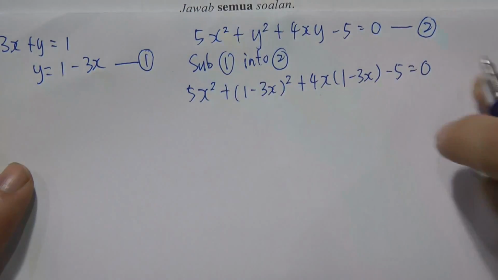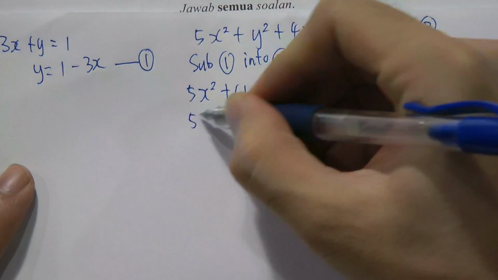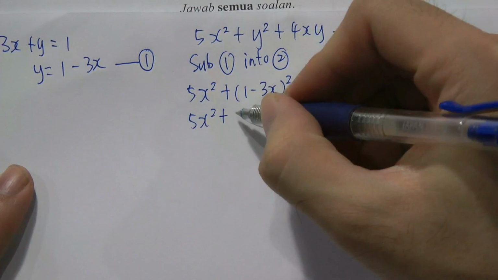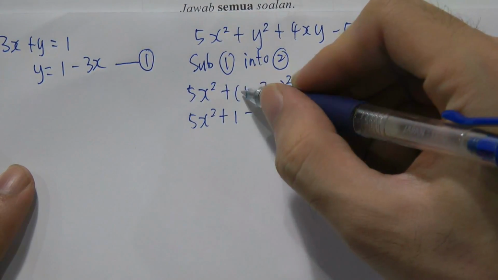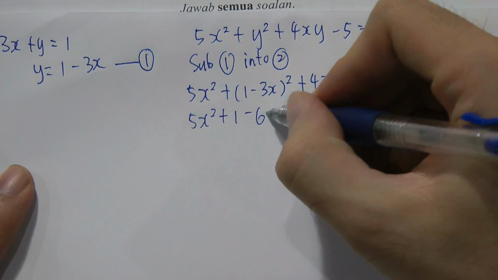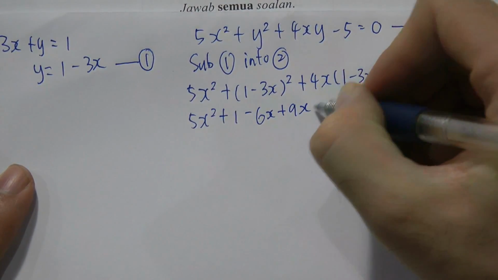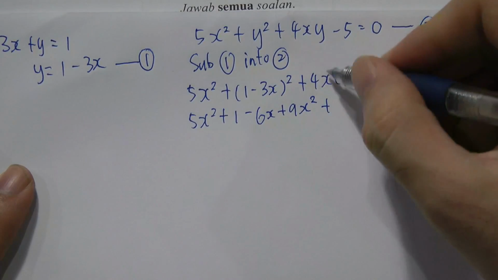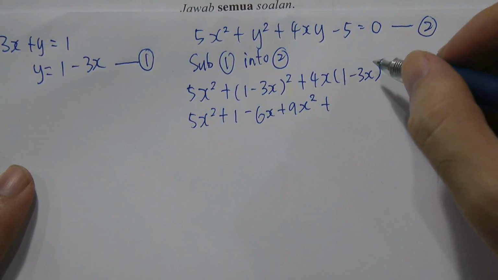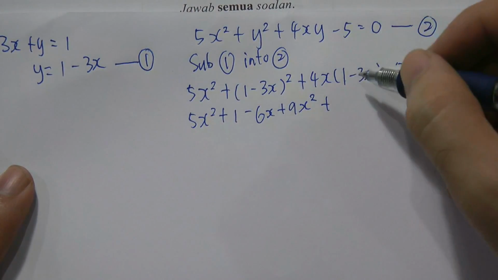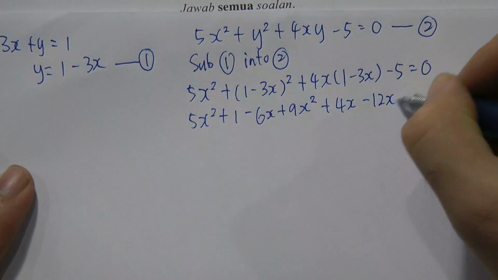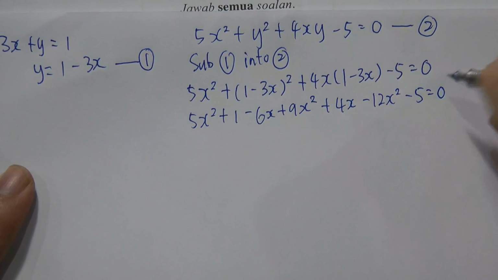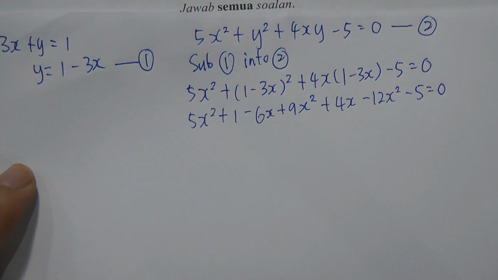Then I just expand the whole equation. So 5x squared plus, expanding this one, I will get 1 minus 6x plus 9x squared, plus 4x multiplied by y, so 4x minus 12x squared, minus 5 equals 0.